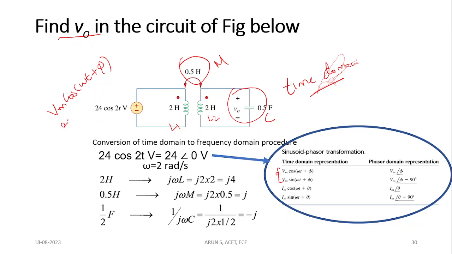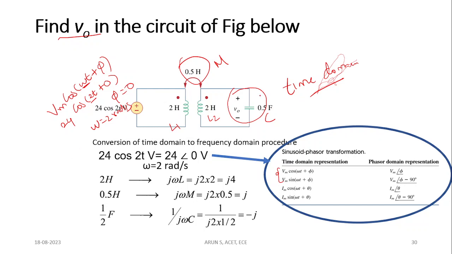Here it is written as 24 cos 2t, but we don't have phi, so I can write 0. So phi is equal to 0, and in the place of omega we have 2. So omega is 2 radian per second. The unit of angular frequency is radian per second. It is important to write down the unit in each and every case.